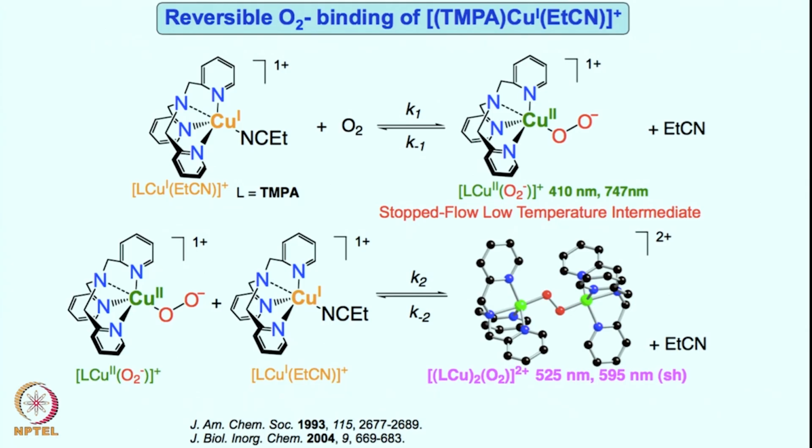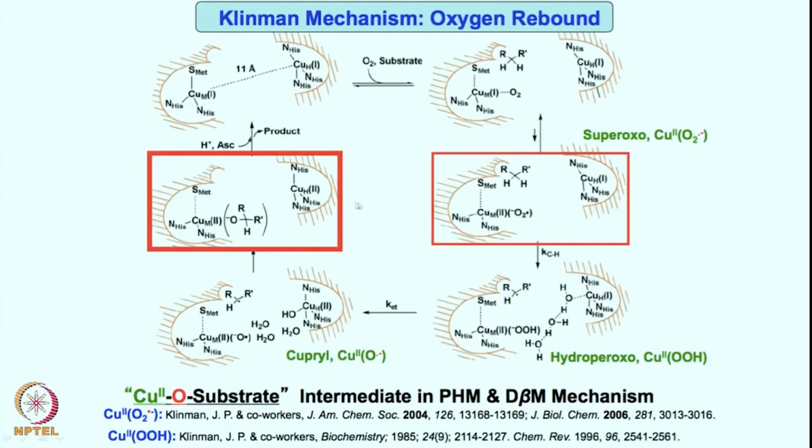We have seen the stopped-flow kinetics data, how within a second hundreds of data points can be collected and those data points can build up the story and tell very clearly that this intermediate is present in those cases.